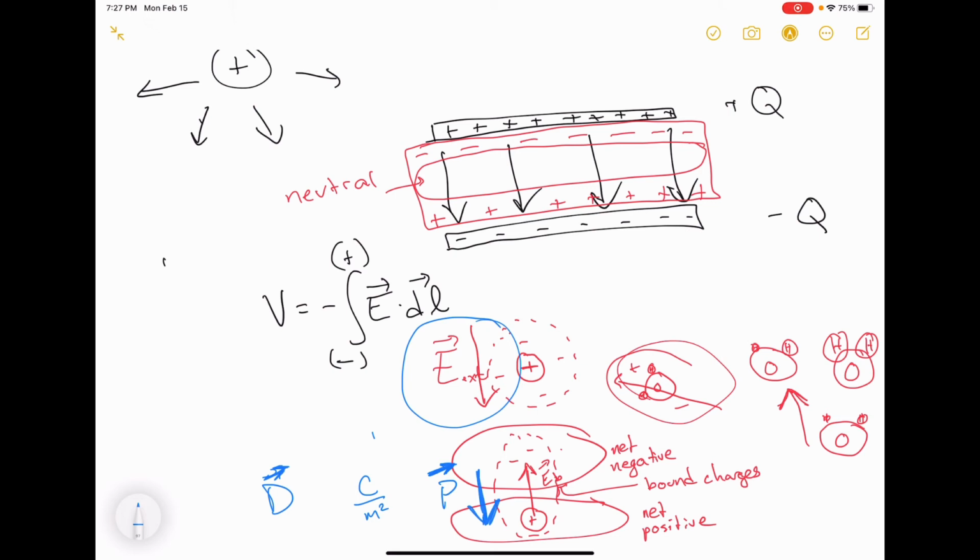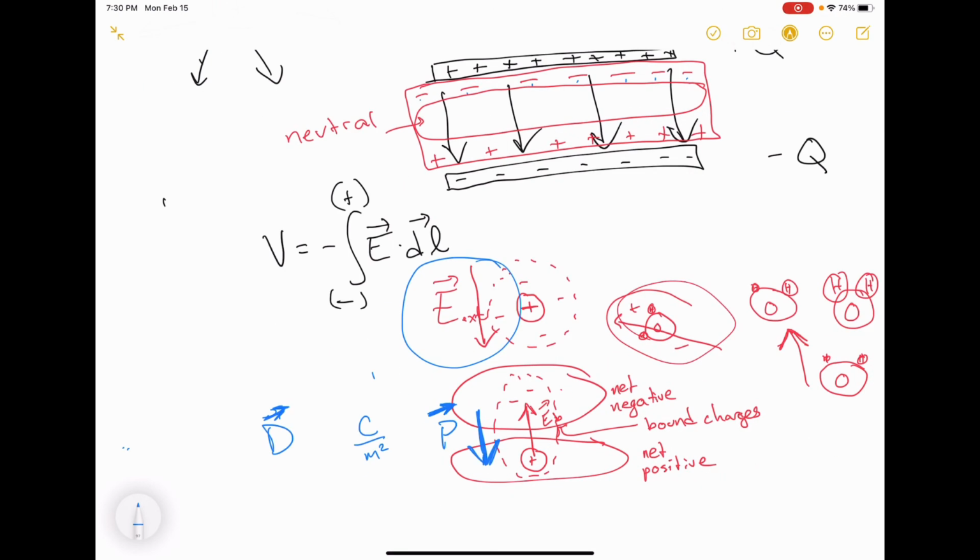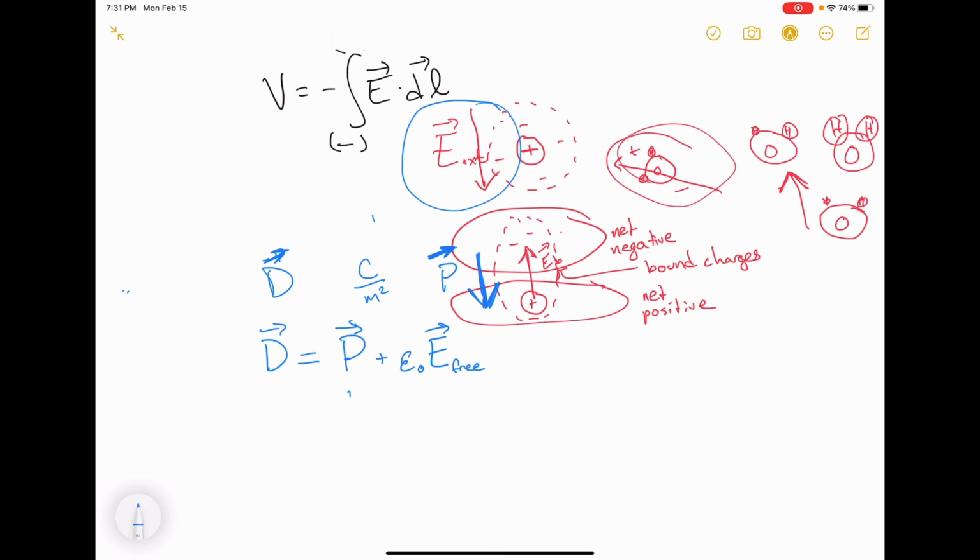And it accounts for these extra bound charges that are affecting our total charge count here, where the electric flux density is now going to include the polarization vector and the electric field due to the free charges. The polarization vector is in the same direction as the free charge electric field.